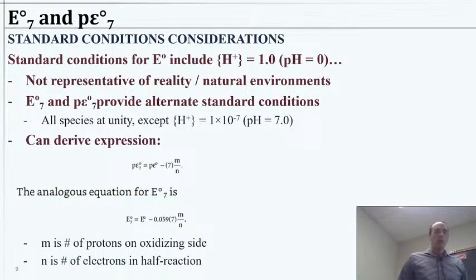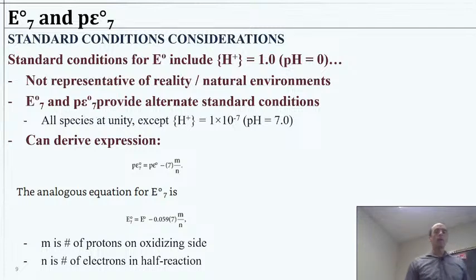Okay, there's one other standard state that's worth considering, and that is the standard reduction potential 7, or pE standard 7. What this is referring to is, well, our convention for standard potentials is when everything is at unity in terms of activity.